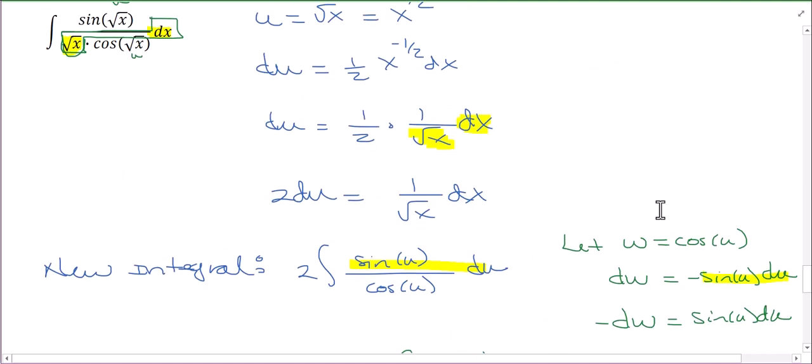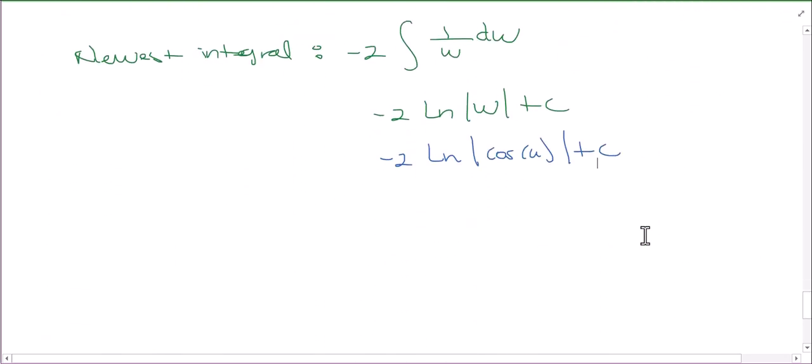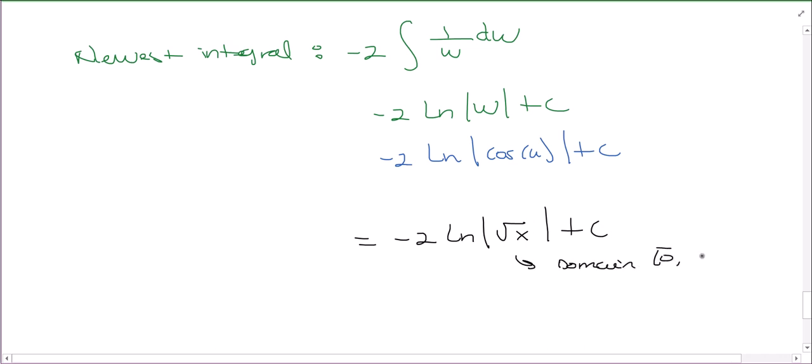And then what was u? u was the square root of x. So my final answer will be negative 2 natural log of the absolute value of cosine of the square root of x plus c. Now notice that the square root of x, the domain, is already from 0 to infinity, so it's already positive.